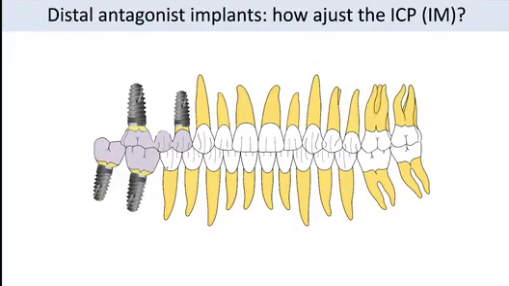And I would like to underline, the principle that I presented now is the same if the antagonist is implant, because the resilience of the joint is so important that it can directly absorb the difference.